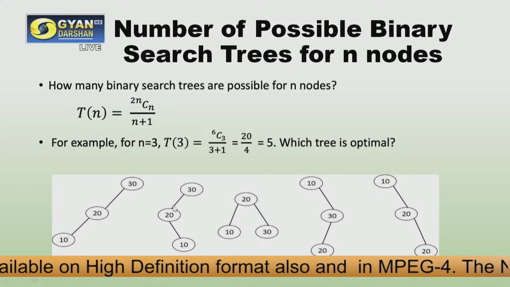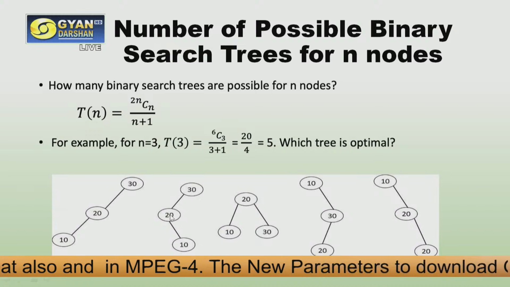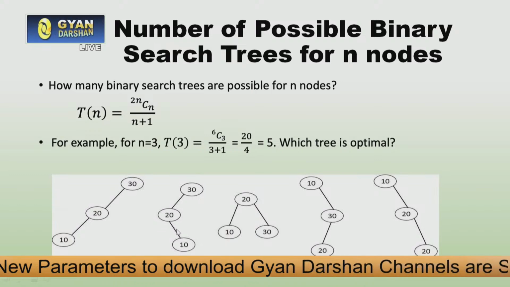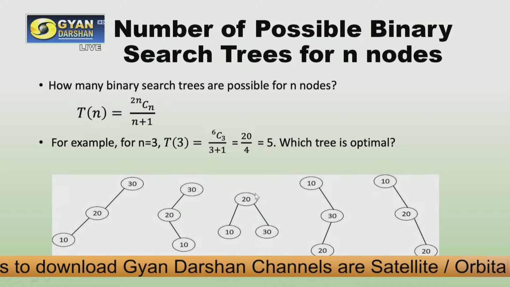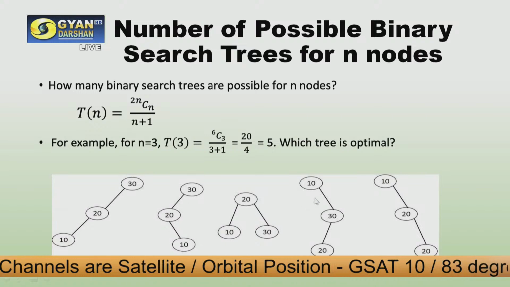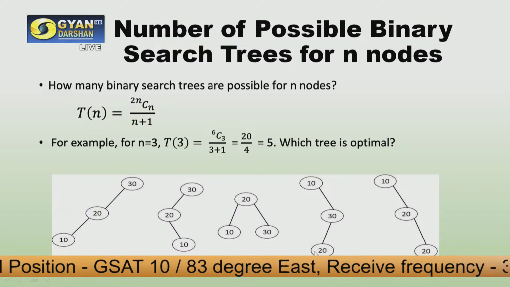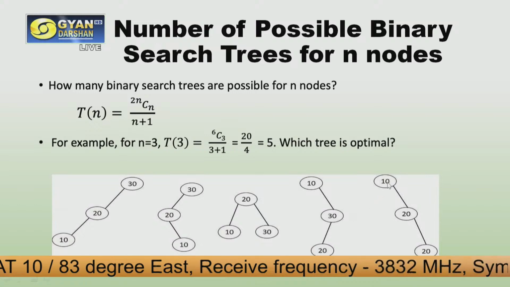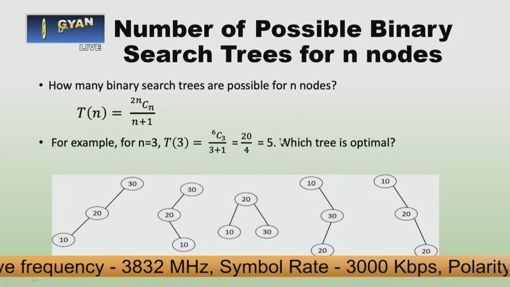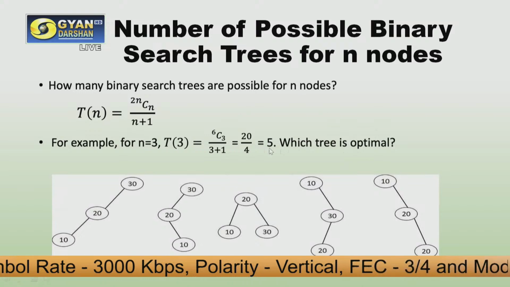Next is 30 with 10 here, and this should be 20 to the right of that. Next is 20, on the left 10, and onto the right 30. Then we have 10, onto the right of 10 is 30, and onto the left of 30 is 20. Then you have 10, 20, and 30. So these are the 5 trees which are possible.